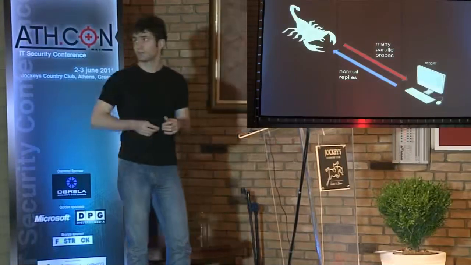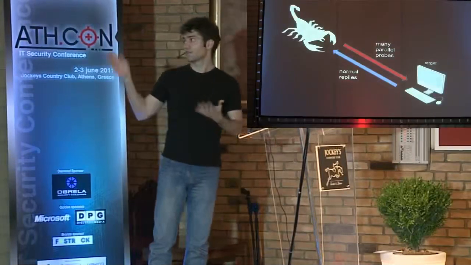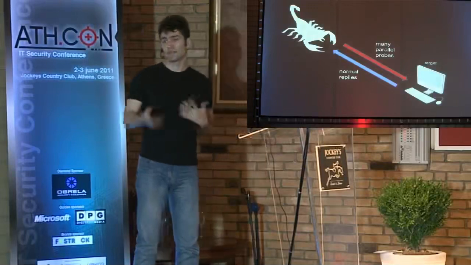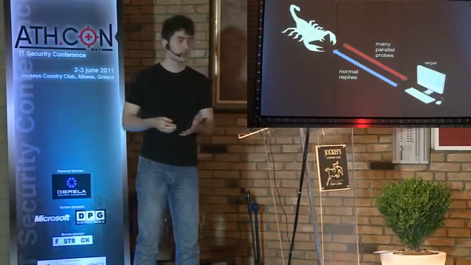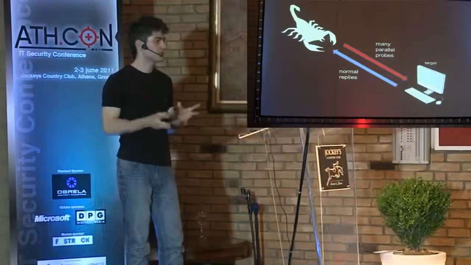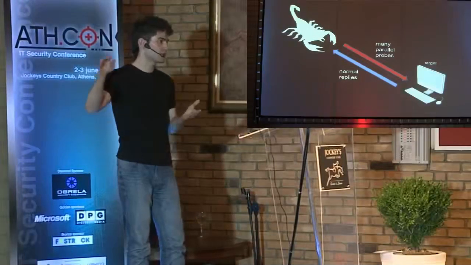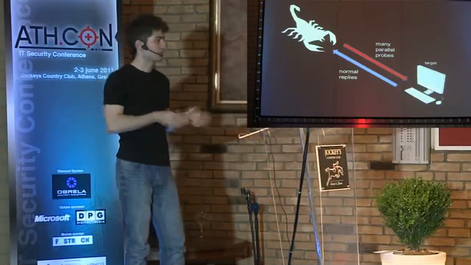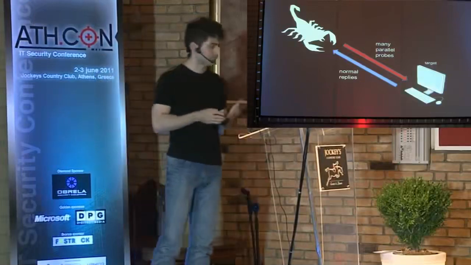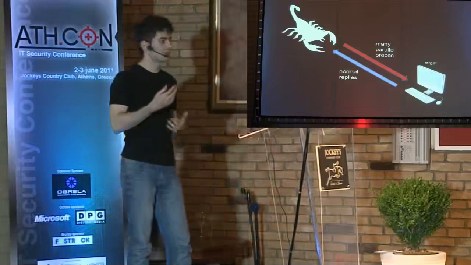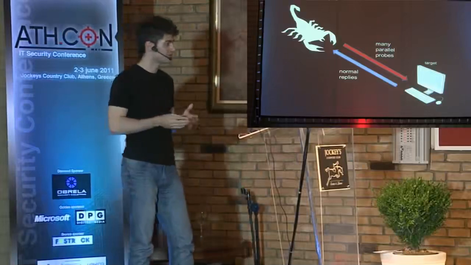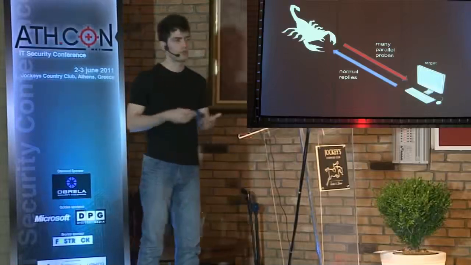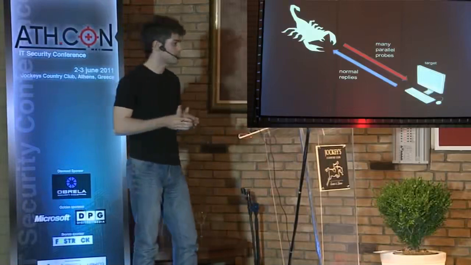Let's see an example. Suppose at first Ncrack opens many parallel probes. Of course, as usual, up to a point, the more connections you have, the bigger the authentication rate is, because you do all these things in parallel.